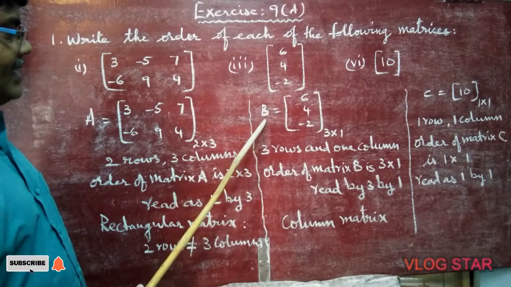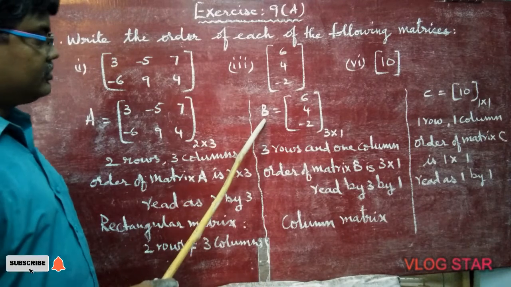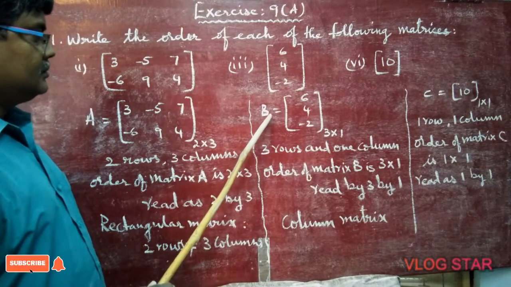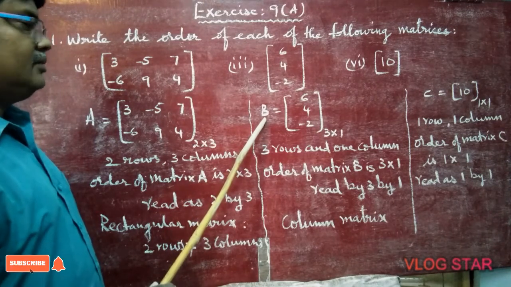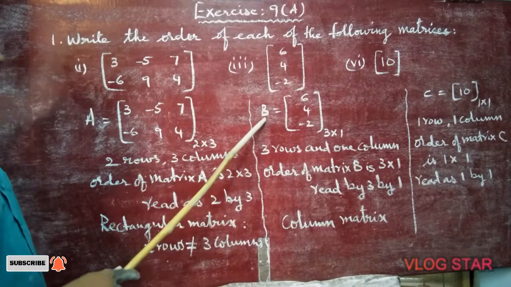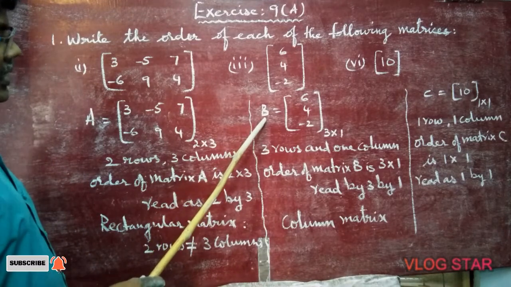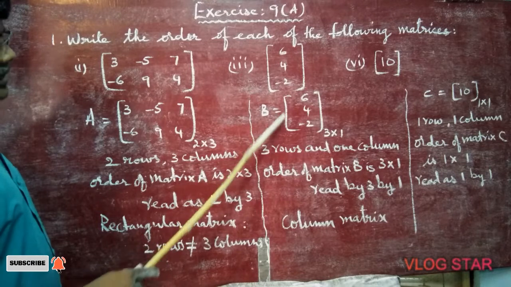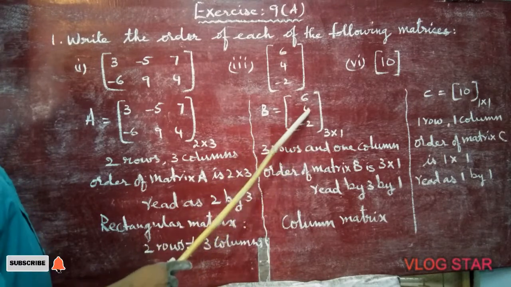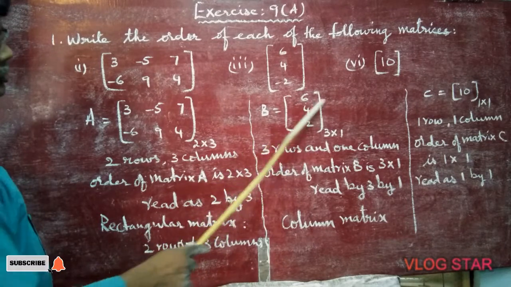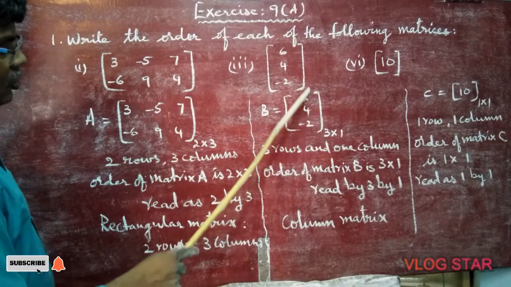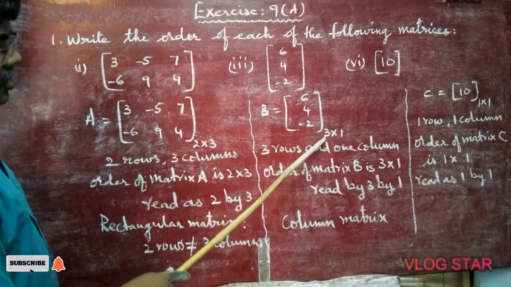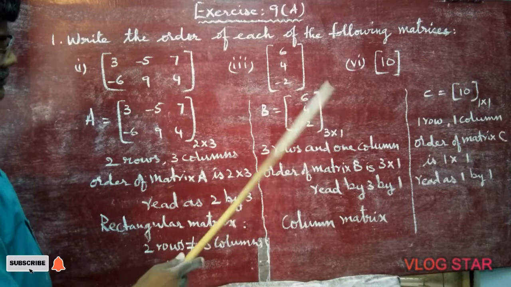Coming to the second one, they have given the matrix 6, 4 and minus 2. Now I am naming this matrix as B. We have to use capital letters, not small letters. Any alphabet, 26 alphabets are there, you can take whichever you like. B is equal to matrix 6, 4, minus 2. 3 rows are there and only one column. So the order is 3 by 1.